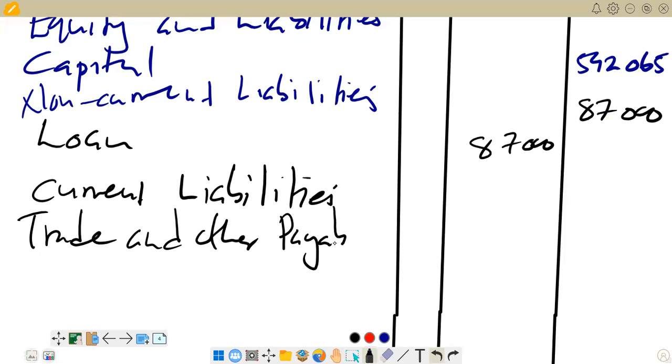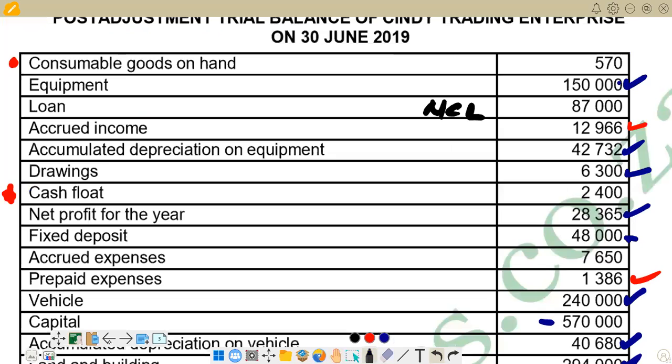We do not have any note there that we calculated. So we need to go to the question and check in terms of trade creditors and other adjustments that might need to be done there.